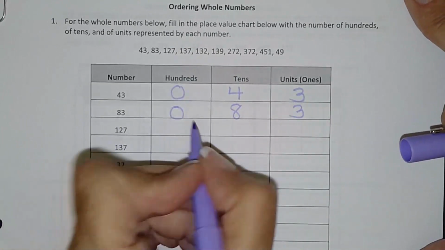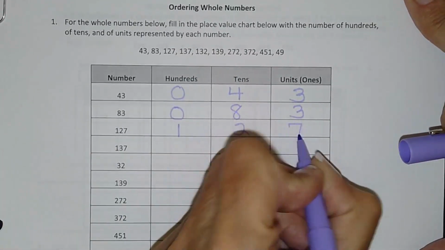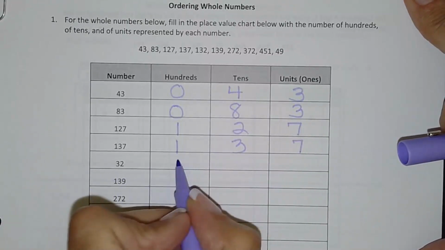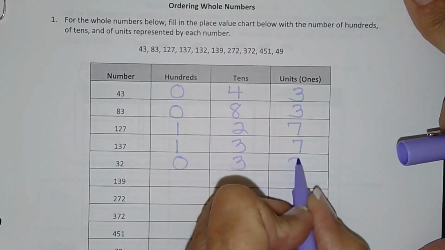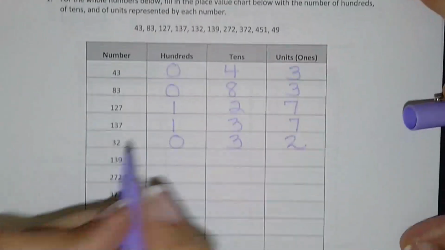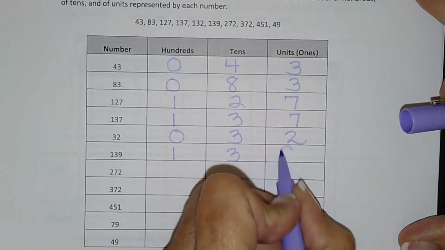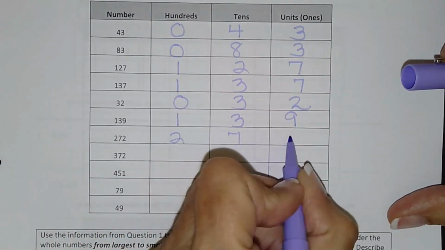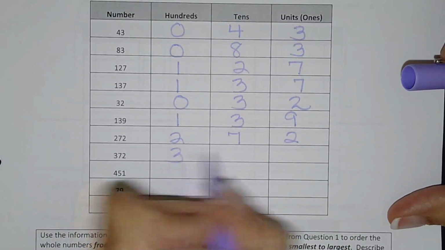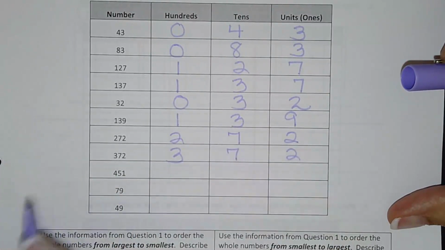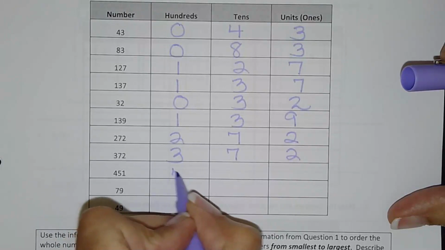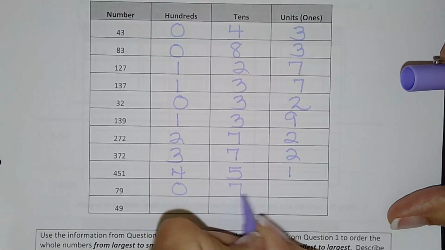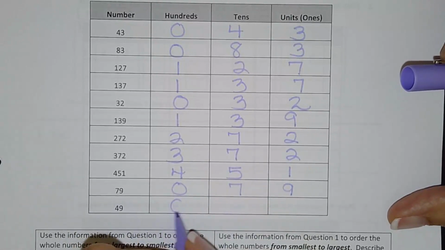So 1 in the hundreds, 1, 2, 7, 1, 3, 7, 0, 3, 2, 1, 3, 9, 2, 7, 2, 3, 7, 2, 4, 51, 0, 7, 9, and 0, 4, 9.